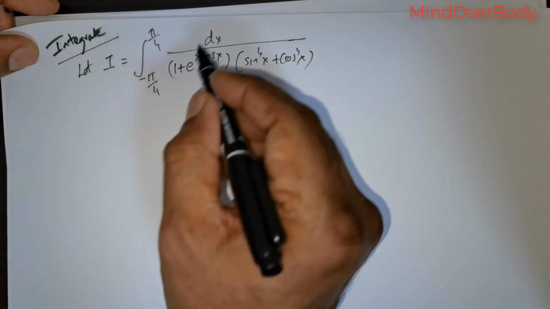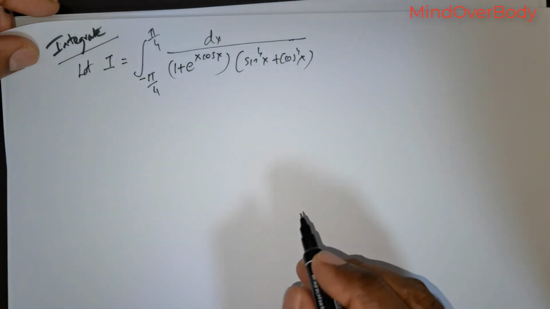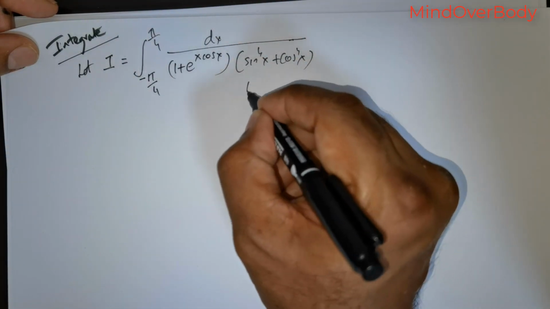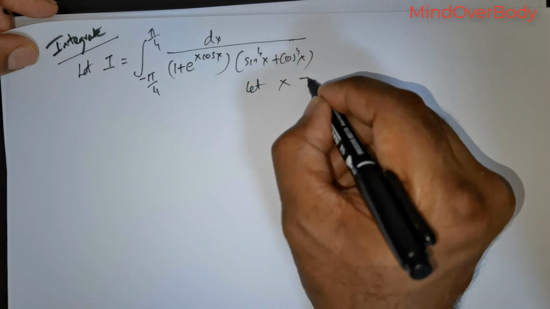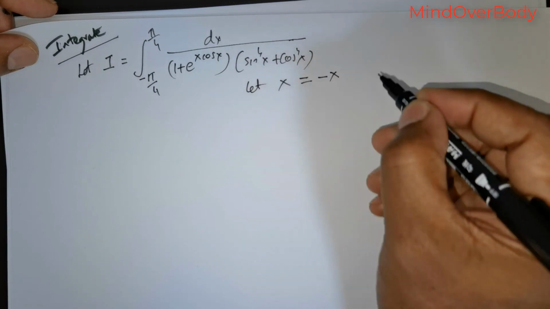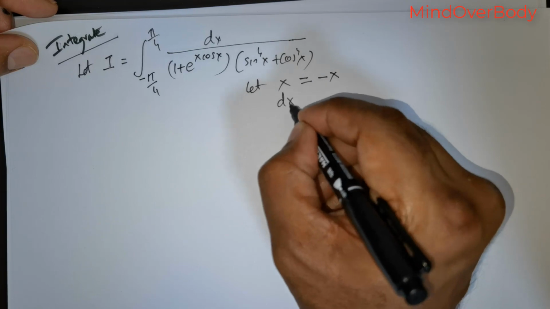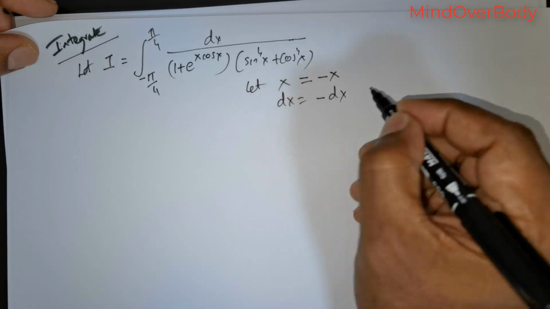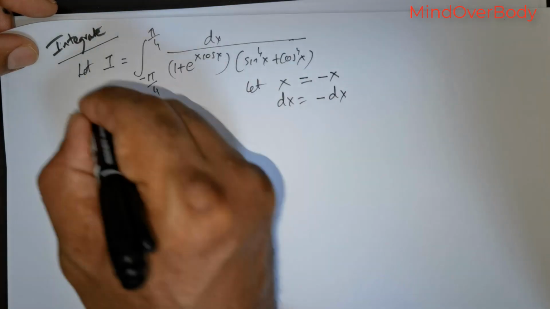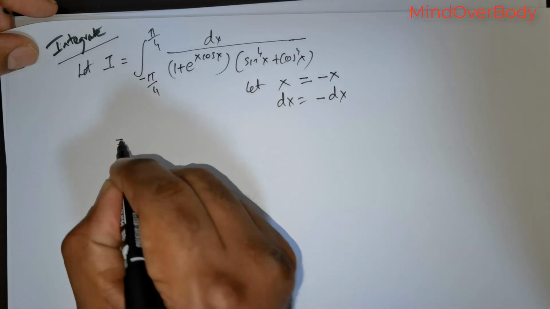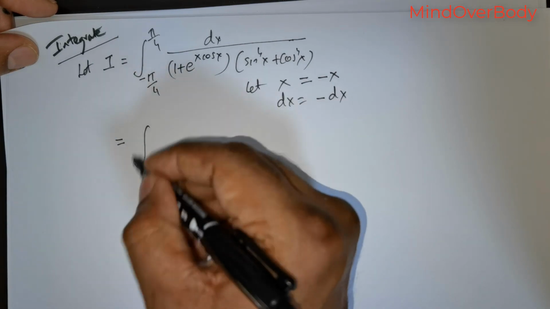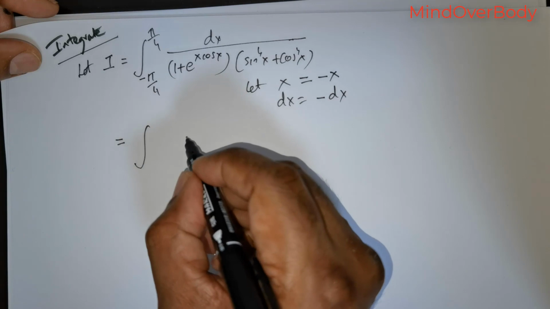Let me just take I to be equal to this given integral. Now what I wish to do is make the substitution: let x be equal to negative x. So that would mean my dx is equal to negative dx. Therefore this original integral is rewritten as integral, and I'm not going to do anything with the limits as of now.